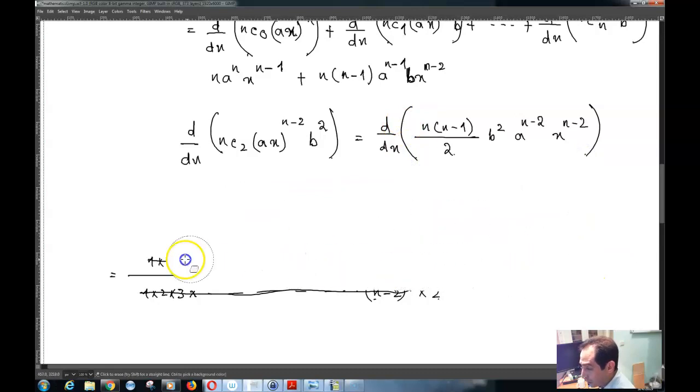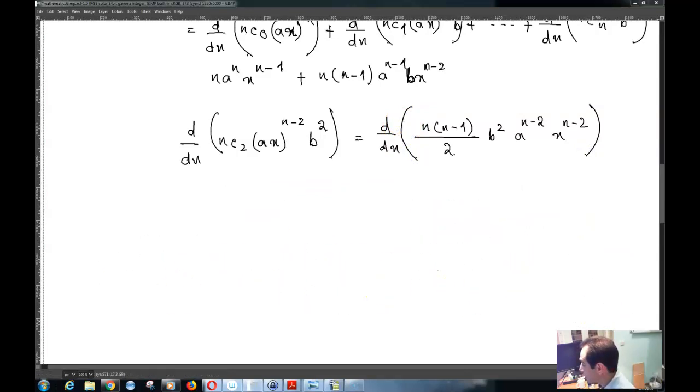And so what that means is that a raised to the power n minus 2 is a constant, b raised to the power 2 is a constant, and these are all just constants. So the only part that you want to differentiate is basically this part over here.